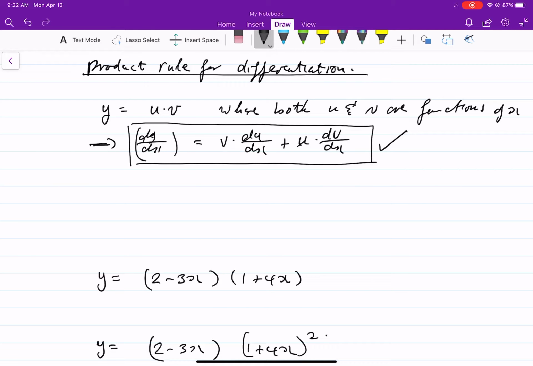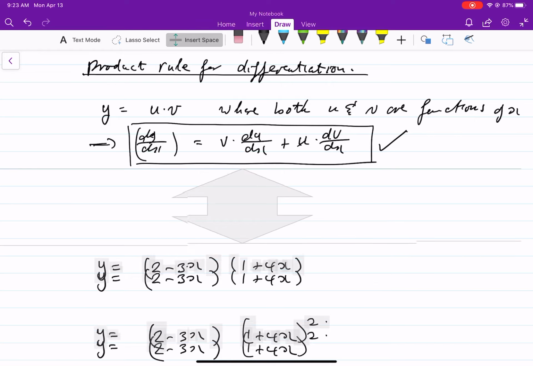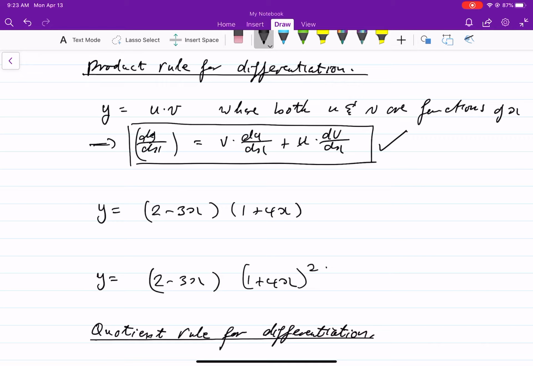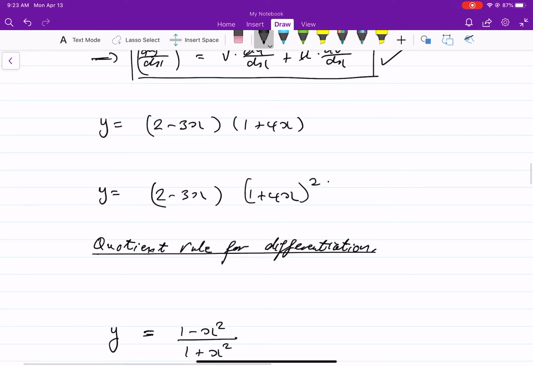Now, the first example is a relatively simple example. In this case, you don't have to necessarily use the product rule. If you look at those two brackets, that's easy to multiply out, get a standard polynomial, and then differentiate. But I want to show the use of the product rule. The second one might be a little more tedious if you try to expand the brackets there.